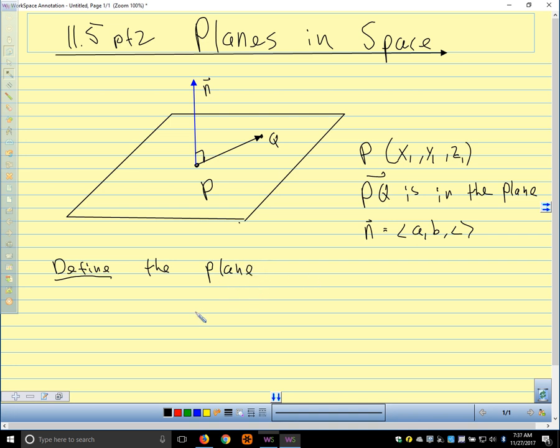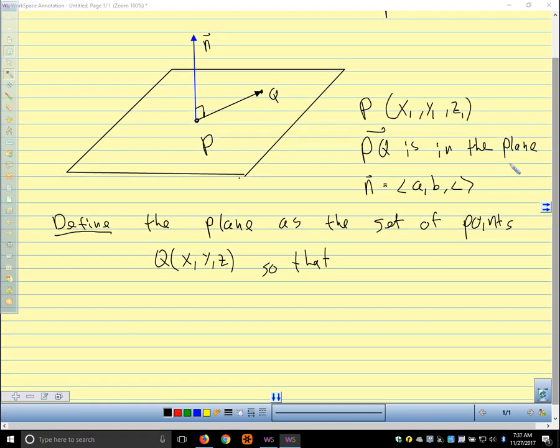What we're going to do for our purposes is define the plane as the set of all points Q, and we're just going to give some arbitrary coordinates to Q, so that PQ dot n equals 0.